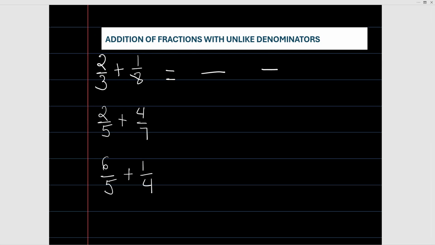So we'll do our plus sign in the middle of it there. So now we're going to multiply 3 and 8. That gives you 24. We put the 24 over there. From there, we're going to get the second denominator.